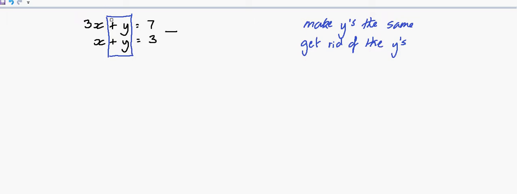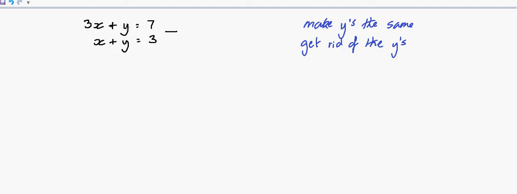Because I do it the same way every time, I have a rule which is that if the signs are the same, then I subtract. So if I've got plus 4y, I take them away. If I've got minus 3y and I take away minus 3y, they disappear. So if they're the same signs, I take them away.